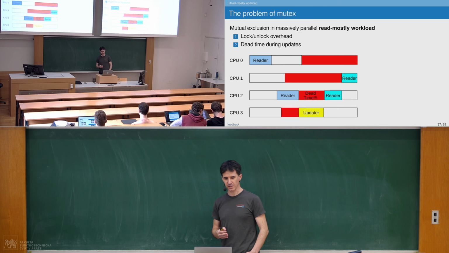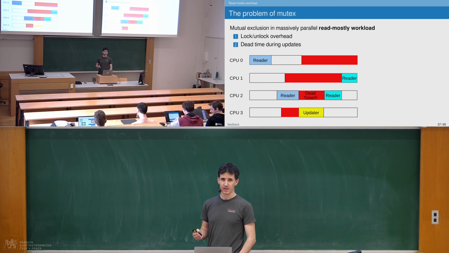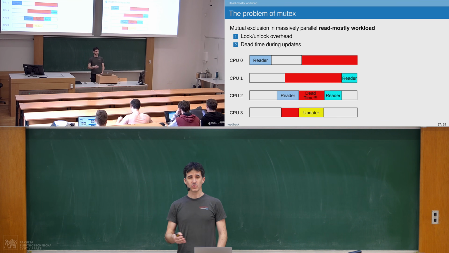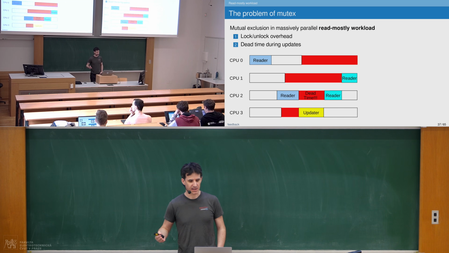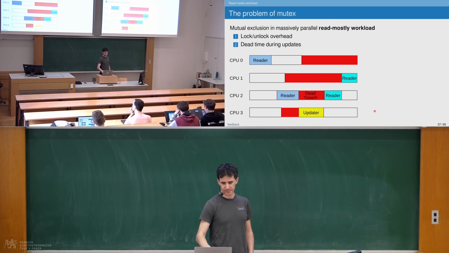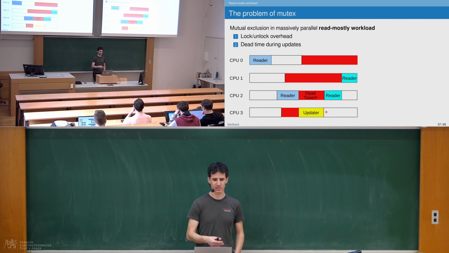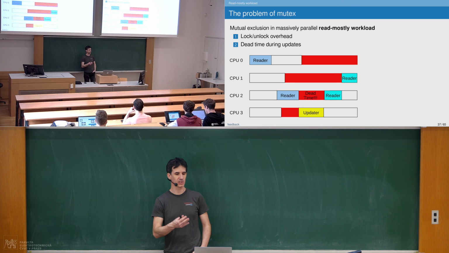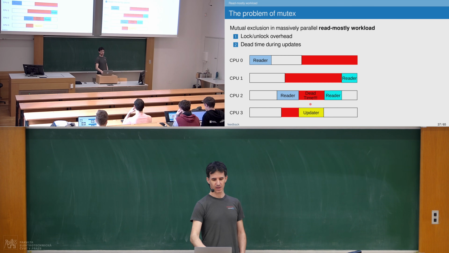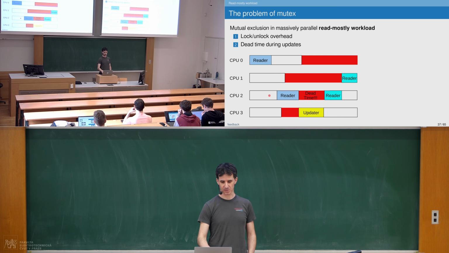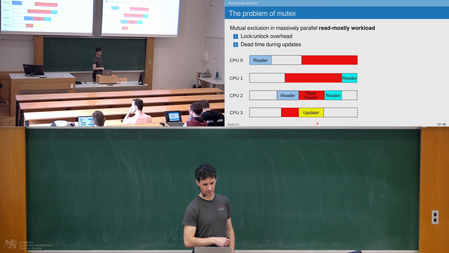Imagine you have some shared data. Most of the threads just read the data, and from time to time there is one updater which updates the data. This is called read mostly workload because most of the time you have readers, and only from time to time you want to update the data.